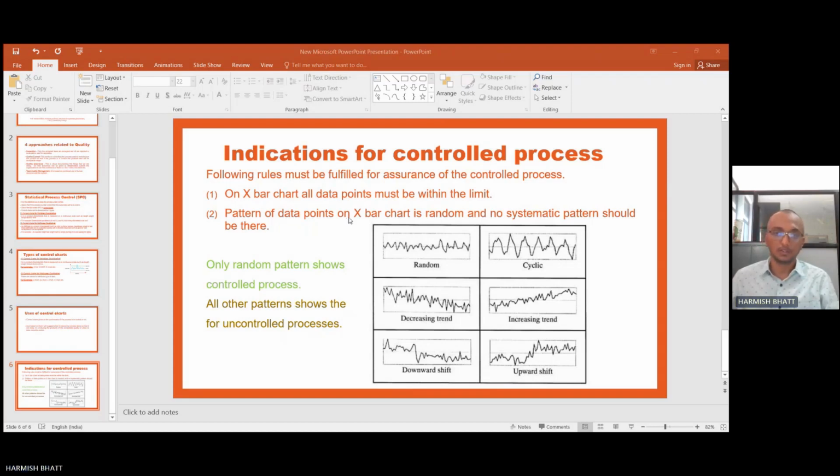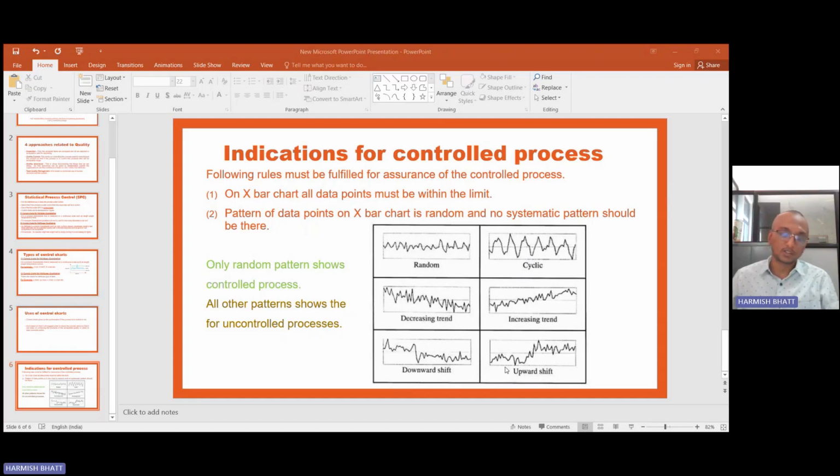The first one is the random, and the other 5 patterns are called the non-random patterns. The non-random patterns cover the trends, either increasing trend or decreasing trend, or the cyclic nature, as well as the downward shift or upward shift.